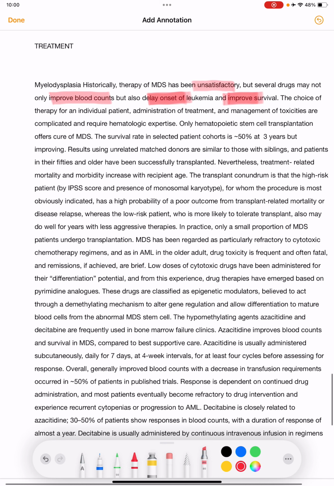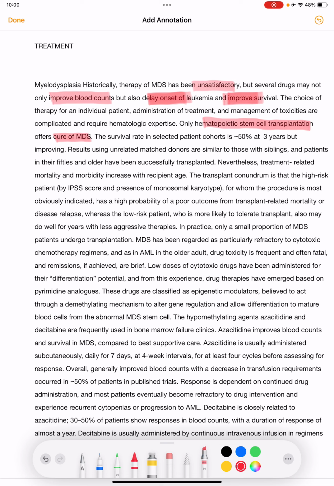The choice of therapy for an individual patient, administration of treatment, and management of toxicities are complicated and require hematological expertise. What only offers cure for MDS? Only hematopoietic stem cell transplantation.